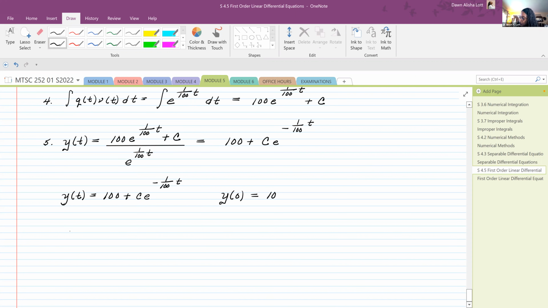So therefore, y of 0 is 10, but that's 100 plus c e to the 0. So therefore, I get 10 is equal to 100 plus c. So c is equal to negative 90.